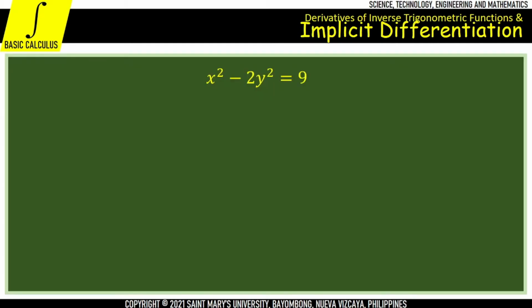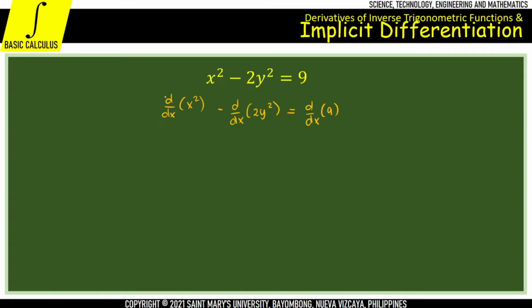Okay, take for example our first equation: x squared minus 2y squared is equal to 9. For implicit differentiation, we take the derivative of each term. For example, d all over dx of x squared, next, d all over dx of 2y squared, is equal to d all over dx of 9.